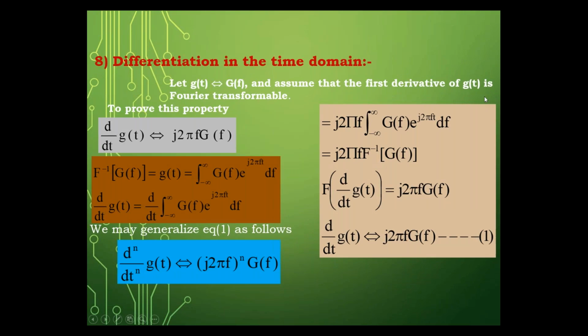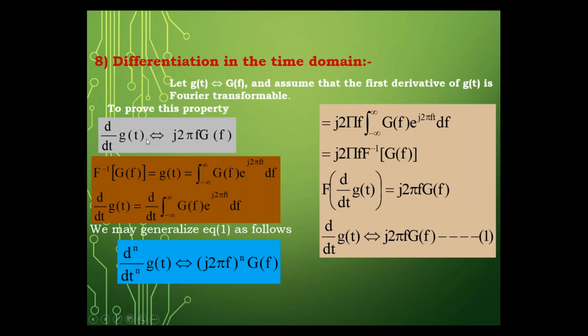So when you differentiate g of t, which is g dash of t, if the first derivative is also Fourier transformable, then you can use this property: the Fourier transform of d by dt of g of t is j2 pi f into G of f, or the inverse Fourier transform of j2 pi f into G of f is d by dt of g of t.